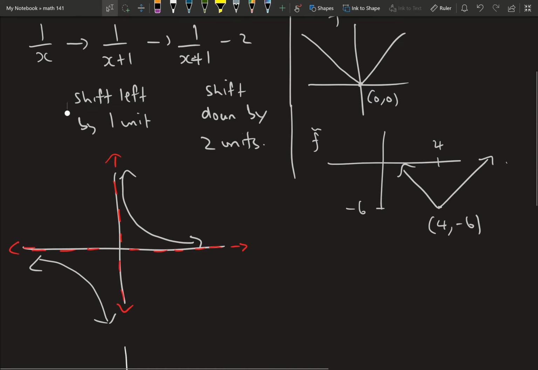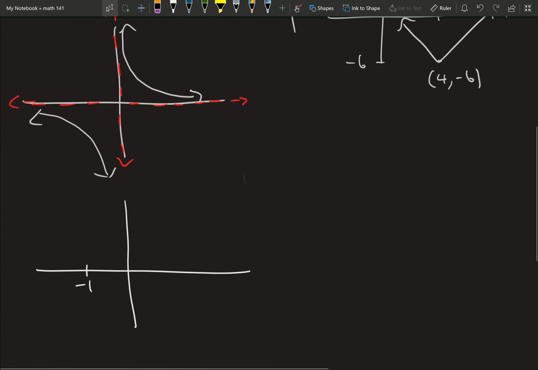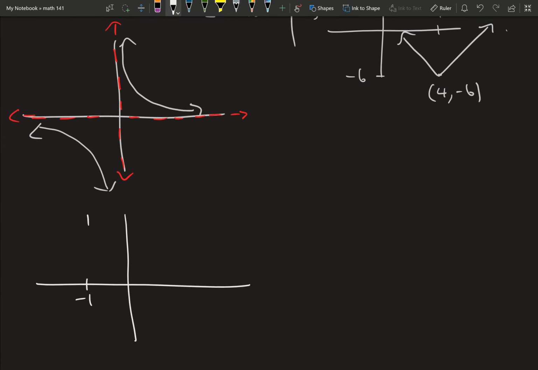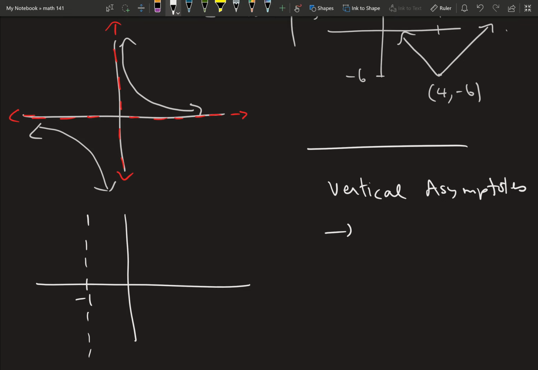And notice that that corresponds to the denominator being 0. Remember, when the denominator is 0, that is always your vertical asymptote. One thing to note here is that the vertical asymptotes correspond to the denominator being 0.